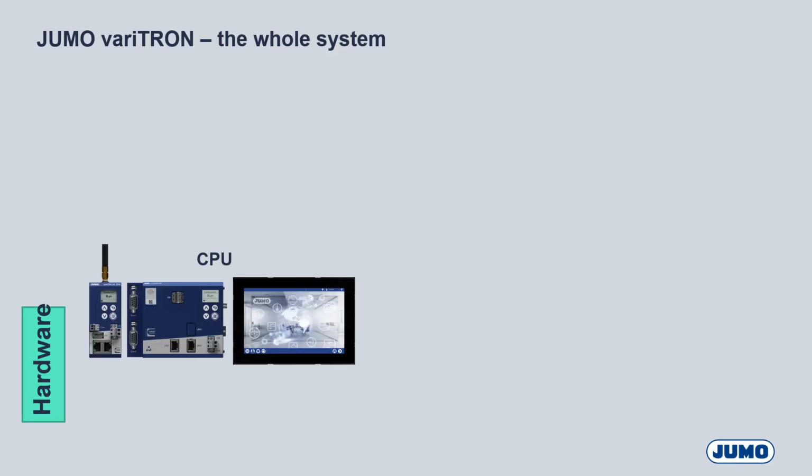Yeah, let's have a look at the whole system. I separated it into the hardware and the software, starting with the hardware. Here the CPUs, as I already said. For the DIN rail, we have two performance classes, variTRON 300 and 500, and for mounting in a cabinet, the variTRON 500 Touch.